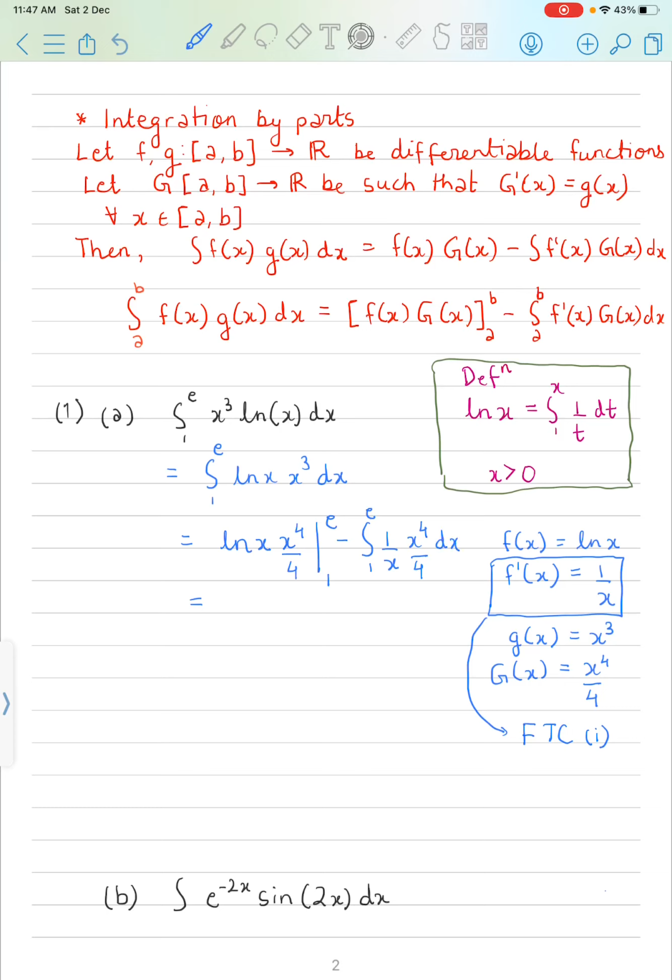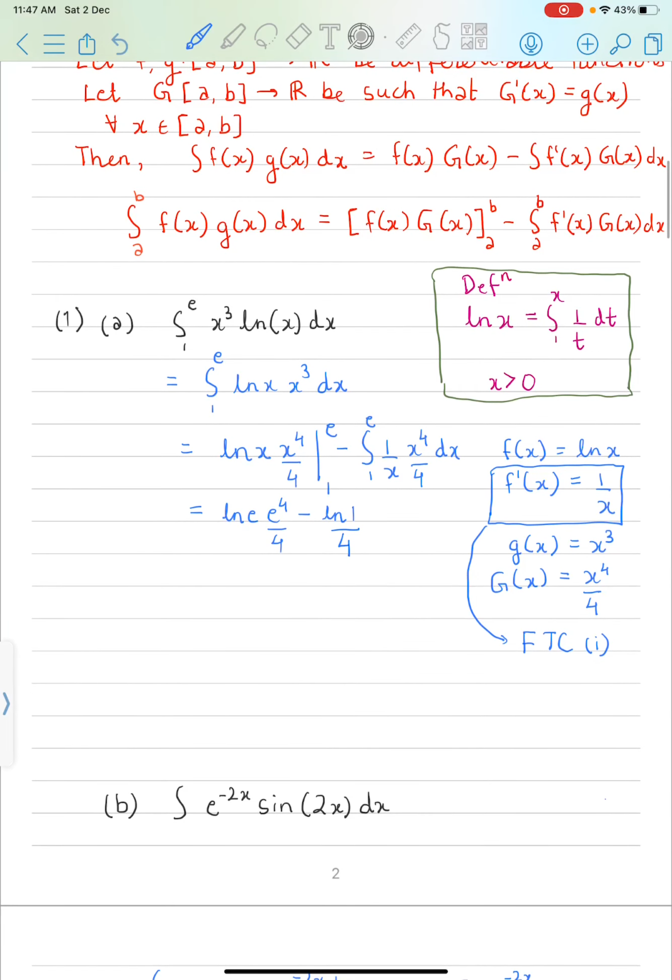Now if you simplify, this will be ln e, and then e to the power 4 by 4, and then this will be ln 1 into 1 by 4. Okay, then minus the integration from 1 to e of x cube by 4 dx.